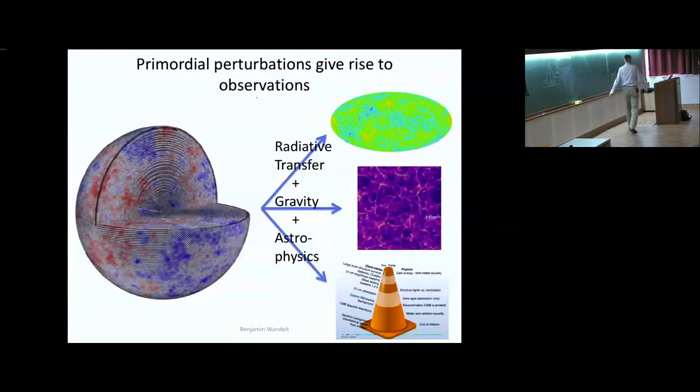All of these observables somehow derive from this initial set, with some radiative transfer, gravity, and astrophysics transforming that into observables. This is my kind of picture of cosmology. So one way of looking at what cosmology is, is to observe these observables and then make inferences about this Gaussian random field, and of course also the various bits of physics that transform it to the observable.